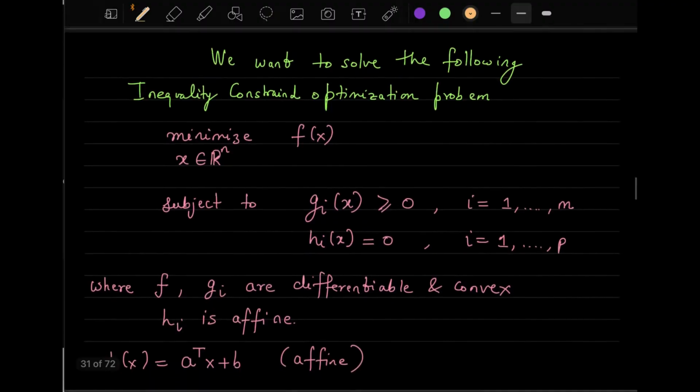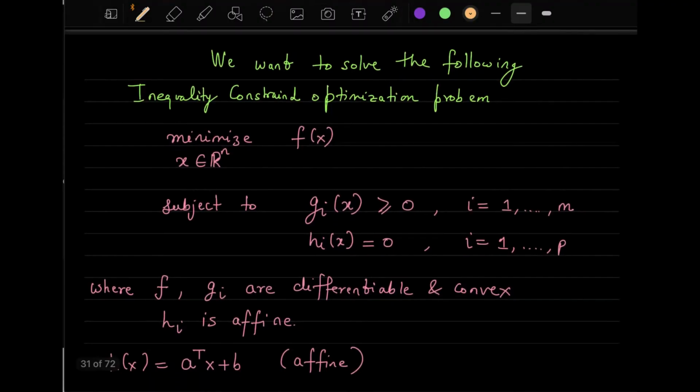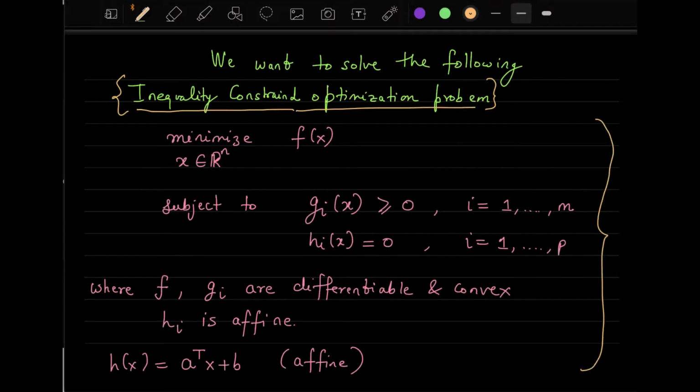It's a typical optimization problem that you will observe in most of the books. This is called an inequality constraint optimization problem. It is something like this, which is given over here. What you will find in most problems is that you are minimizing some objective function f of x, minimizing over the variable x, like you want to know which x will minimize this objective function, and you are subjecting this minimization to constraints.